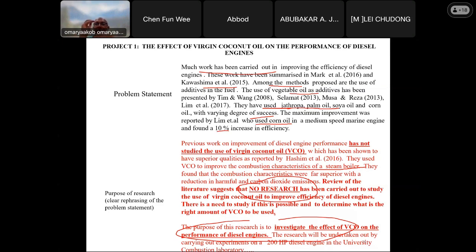So really, your problem statement must be based on facts. The facts can be from literature, showing their results, showing their work and so on. Then only you come to your conclusion for this problem statement, saying that what they've done is that, but nobody has done this. Okay, so I think it's important to have that.